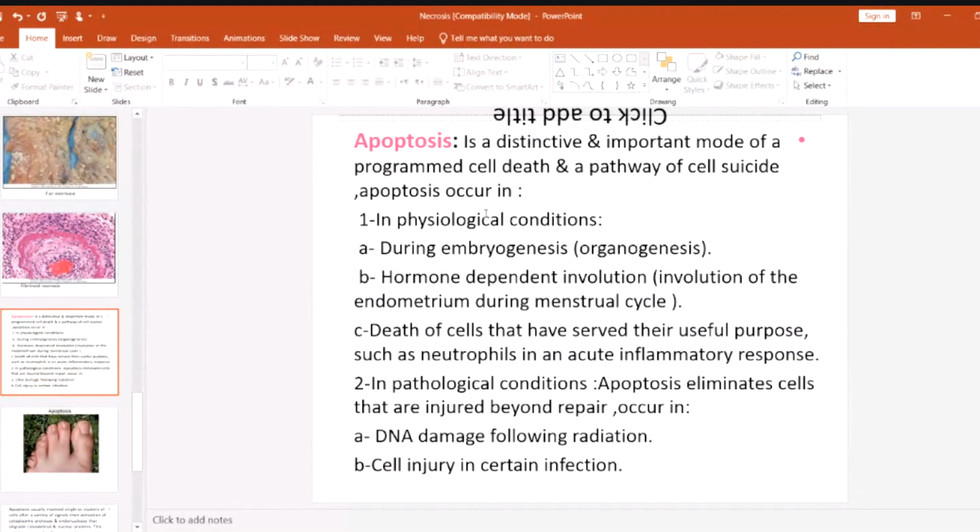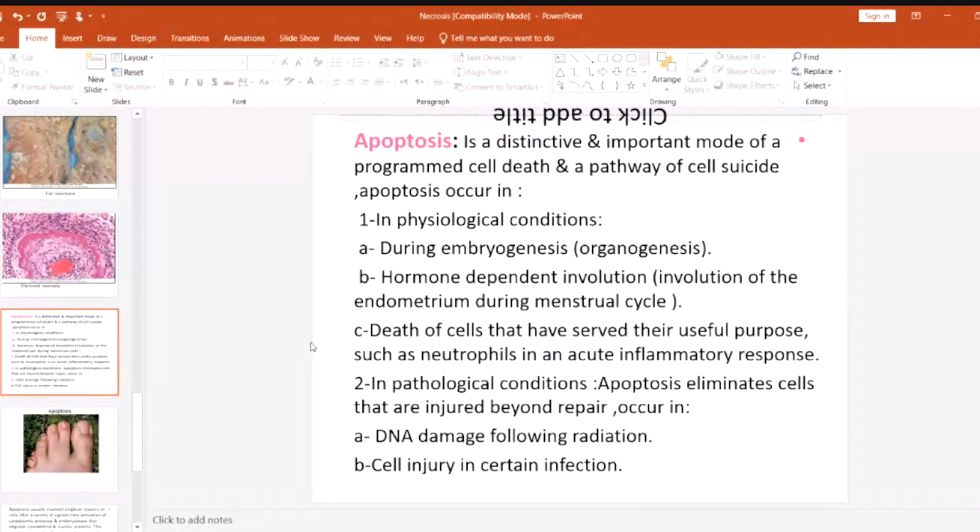Now, apoptosis could be physiological, during embryogenesis or organogenesis, or could be pathological, or could be hormone-dependent involution of the endometrium during the menstrual cycle, or death of cells that have served their useful purpose, such as neutrophils in an acute inflammatory response. طلاب, apoptosis is a type of cell death, but here it's a programmed cell death.